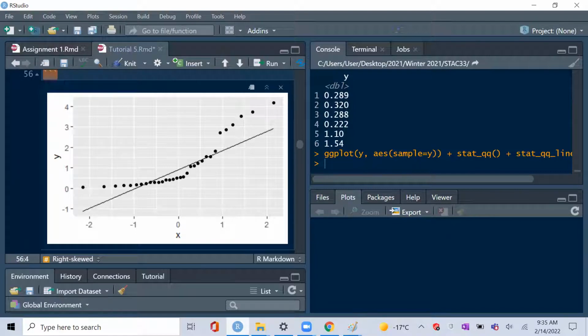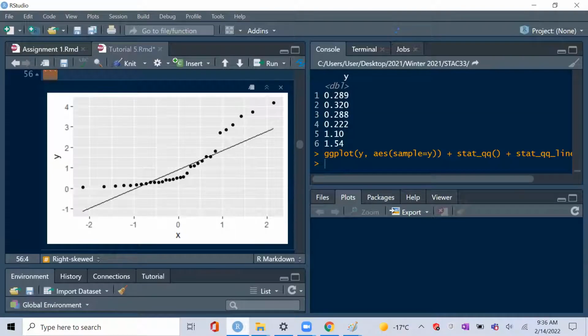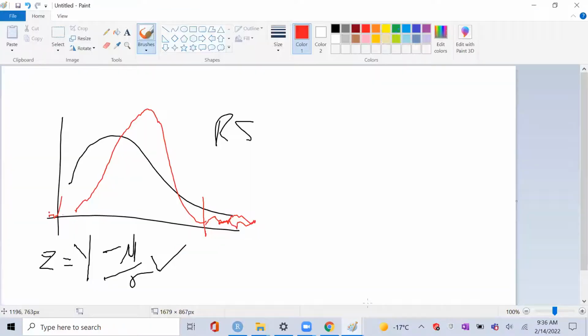I should say density, not point mass, because point mass is for discrete things. It just has probability of about 0 beyond 3. So if you put a right skewed thing on it, it will just go beyond the line, because it doesn't recognize points out here.